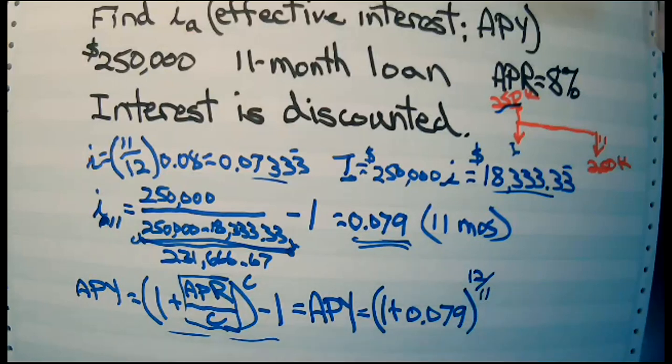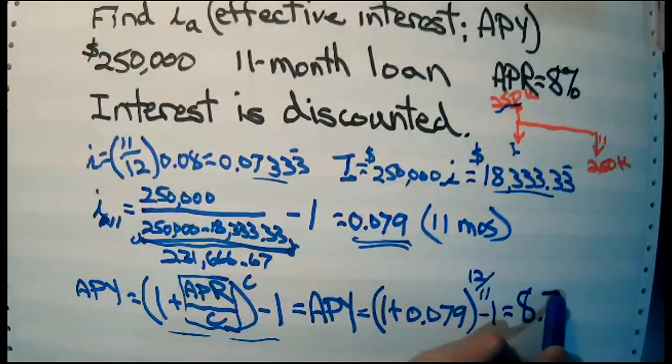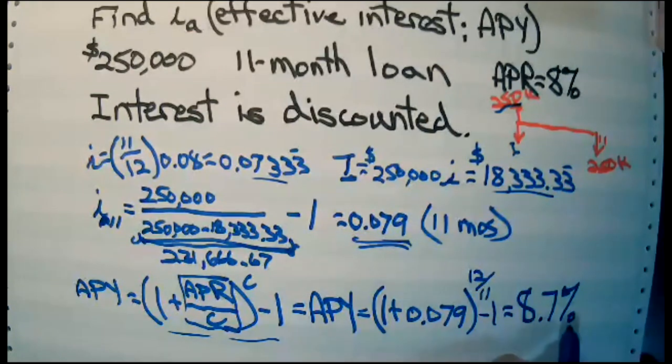Remember, these are loans that are less than 1 year, so you'll always have this in the exponent, and it'll always be 12 divided by the length of the loan, the number of months of the loan, and then minus 1. And when you do all those calculations, you find out that the APY for this loan is 8.7%.